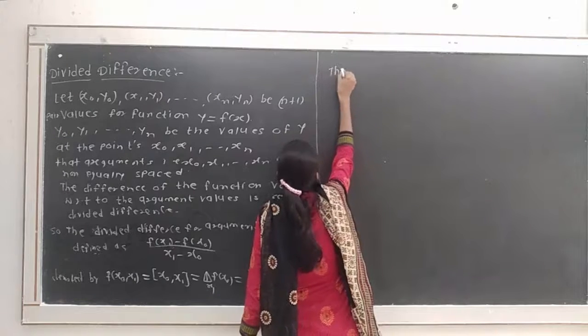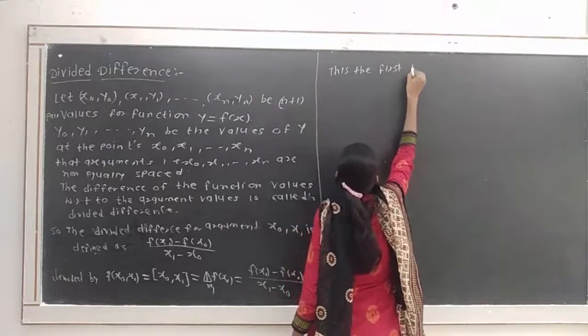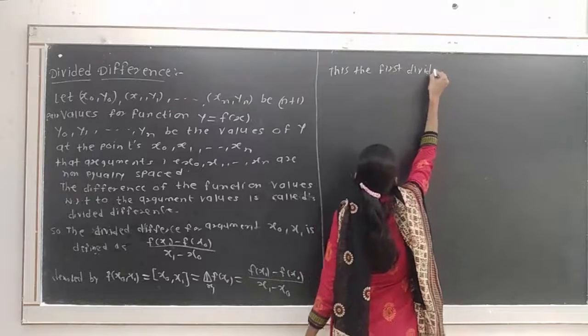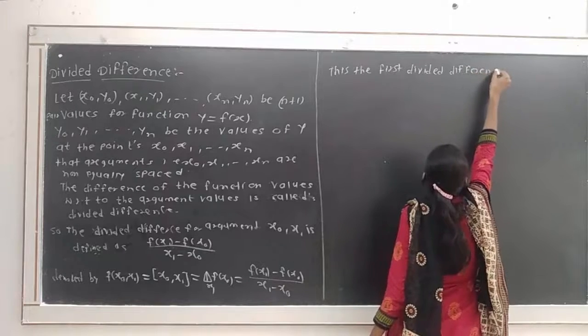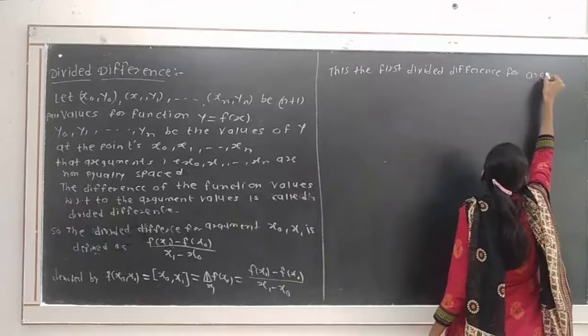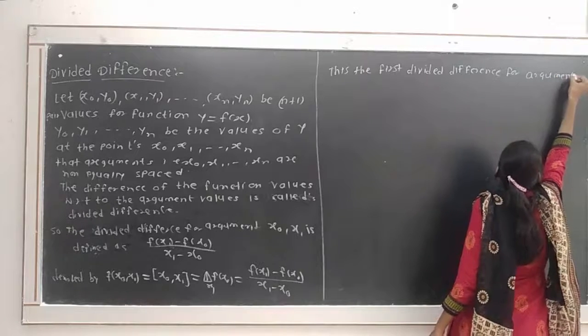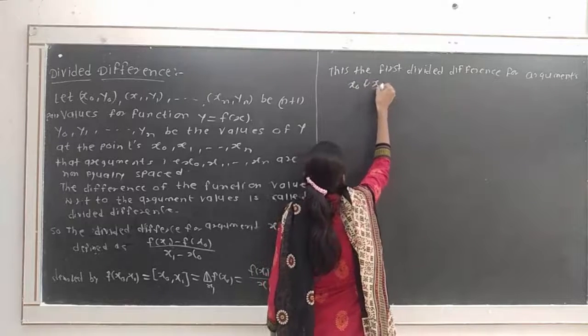This is the first divided difference for arguments x0 and x1.